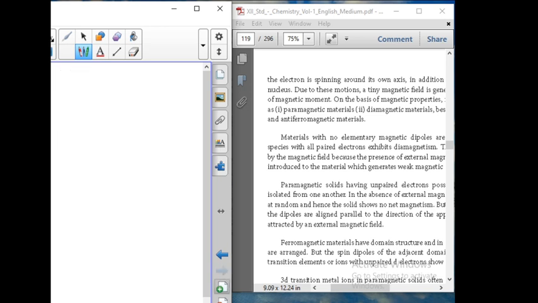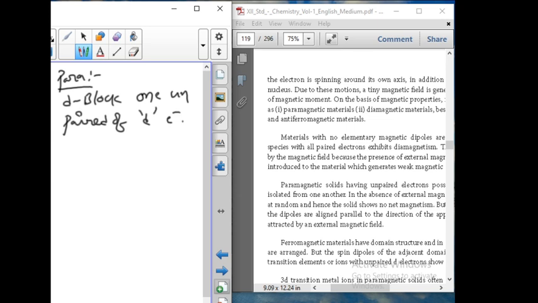Next, paramagnetic substances. It is the opposite of diamagnetic. Paramagnetic substance means the d block element contains at least one unpaired d electron, so that is paramagnetic.